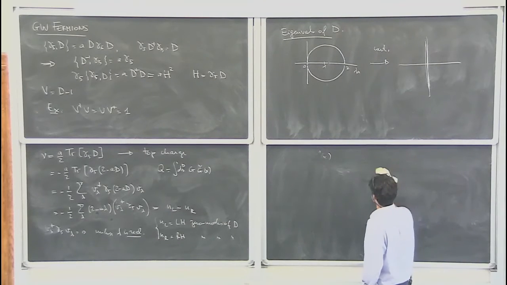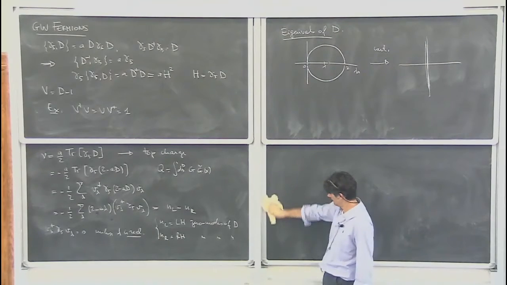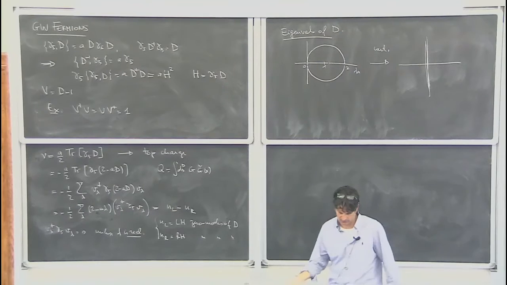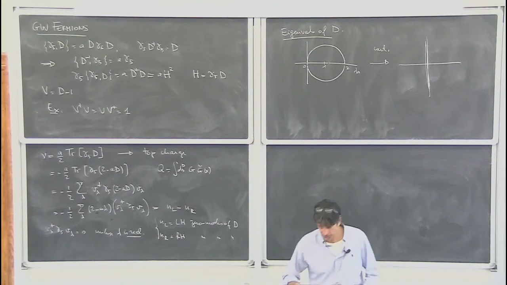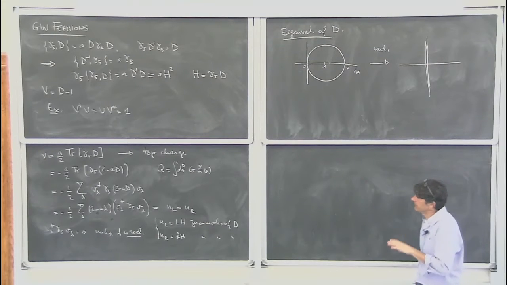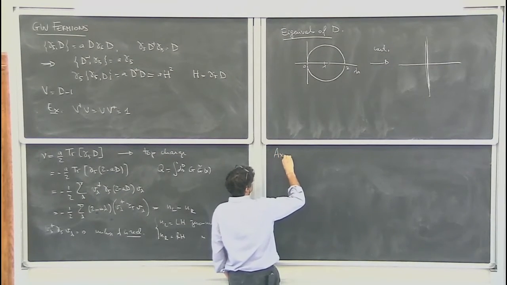So we're not going to do the entire derivation. We already mentioned that in a previous lecture. We're just going to focus on what is specific to the singlet sector.